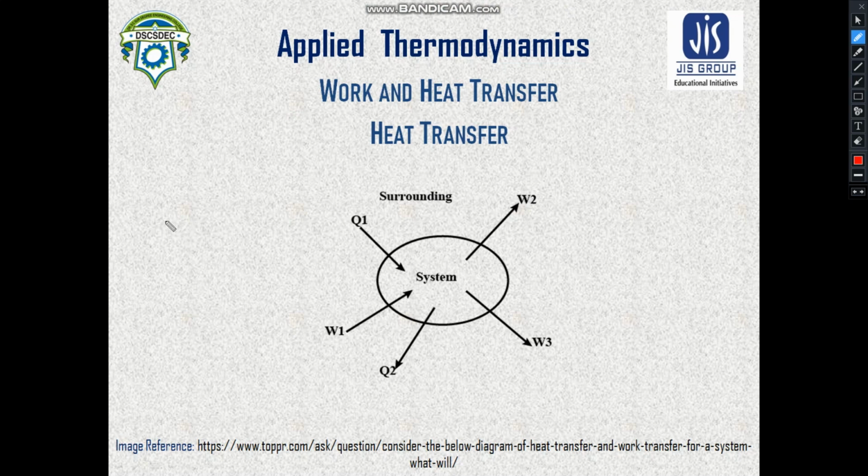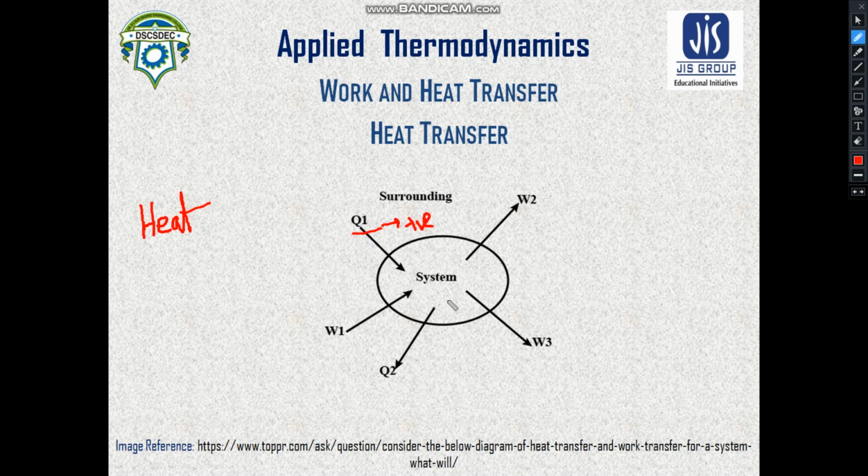So, in case of heat flow, when heat is flowing from the surroundings to the system, heat flow into the system is always taken as positive. So heat into the system, that means this Q1 is obviously positive because heat is entering the system.